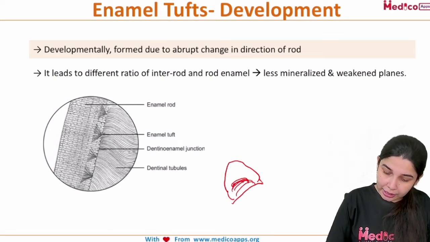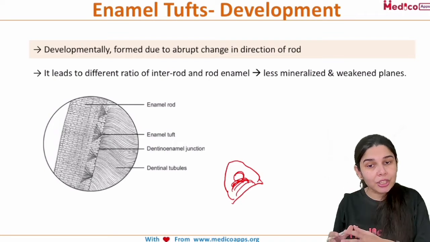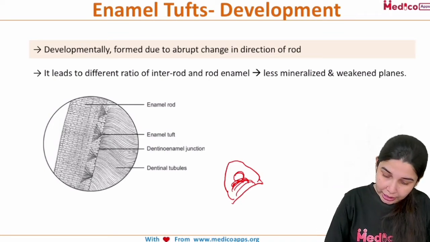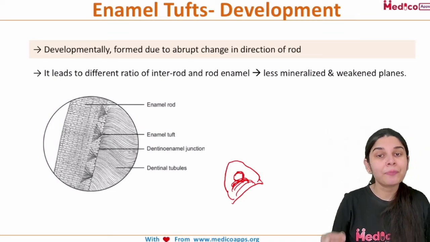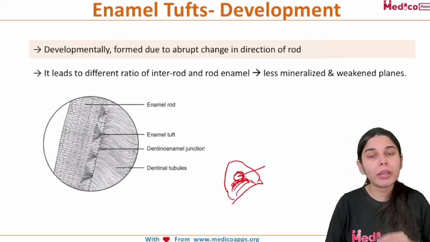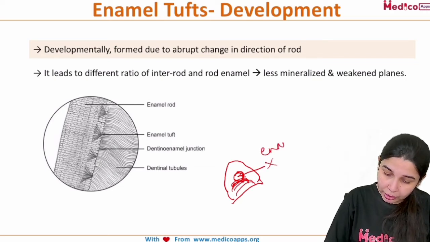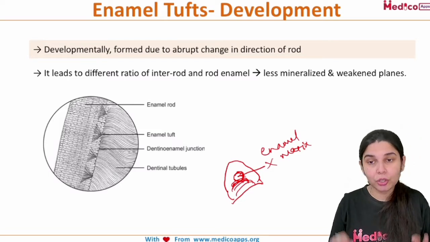Okay, but consider if there is a void in between where this enamel matrix is not laid. In such cases, there is a developmental void which takes place, where no enamel matrix is there. No enamel matrix has been laid down at this particular point.